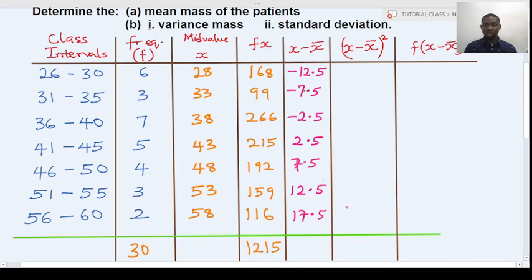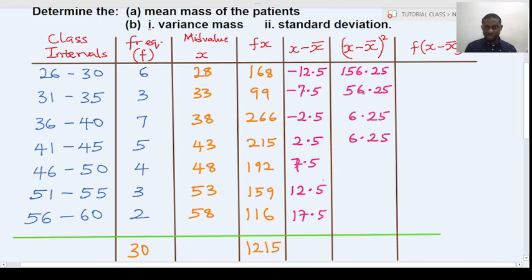Now that is done, we square each of these deviations, which you can quickly do with your calculator. When you square negative 12.5, it gives you a positive value, which is an interesting part of this. That gives you 156.25. The square of 7.5 gives you 56.25. The square of 2.5 gives you 6.25, which is the same as this 6.25.